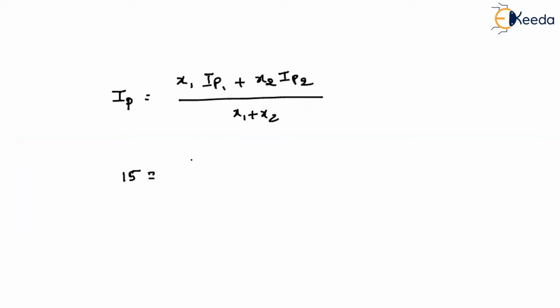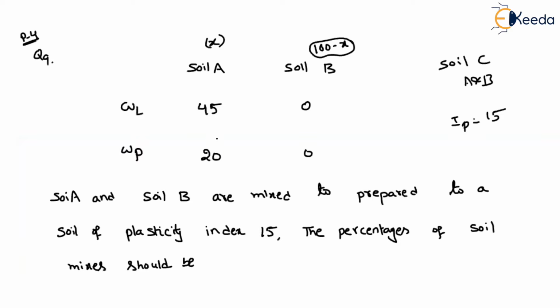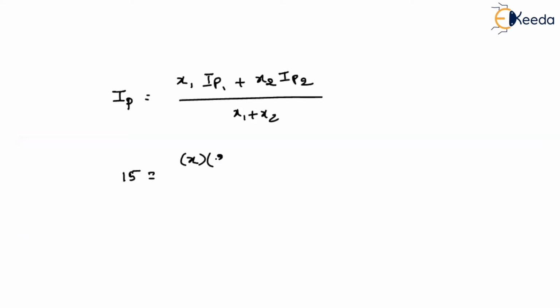That will be equal to soil A having X percentage. What is its IP value? Liquid limit minus plastic limit, that is 25. So X times 25 plus the remaining soil, which has 100 minus X percentage. What is its IP2 value? There is no value, 0, divided by X plus 100 minus X, which is 100 only.